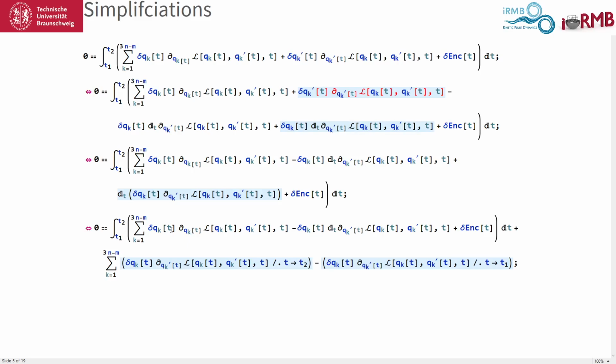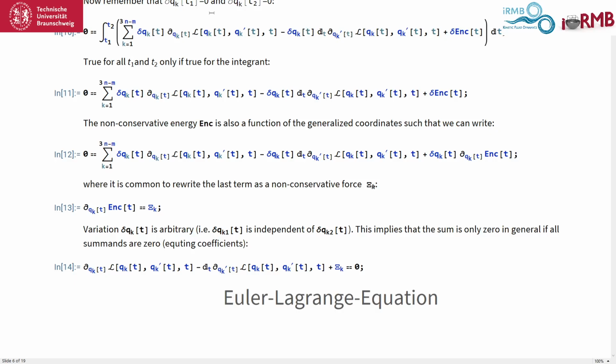We are varying the path going from one position to the other position, so the beginning and the end are given. There is no variation at the end and at the beginning. So when we put in the end, we know that there is no variation, and in the beginning we know that there is no variation. So these things automatically drop out, and what we are left with is this here.